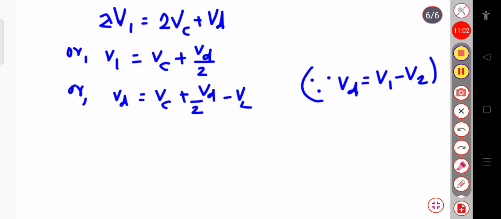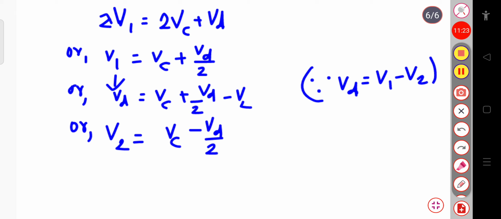So substituting, and taking to the right hand side, this will be Vc plus Vd by 2 minus V2. Now just simplifying, V2 will be equal to Vc minus Vd by 2. We can write like this. This is suppose equation number 3.